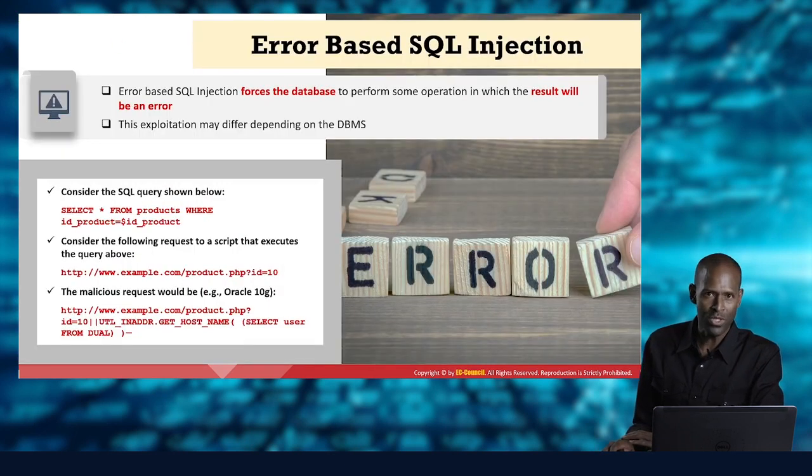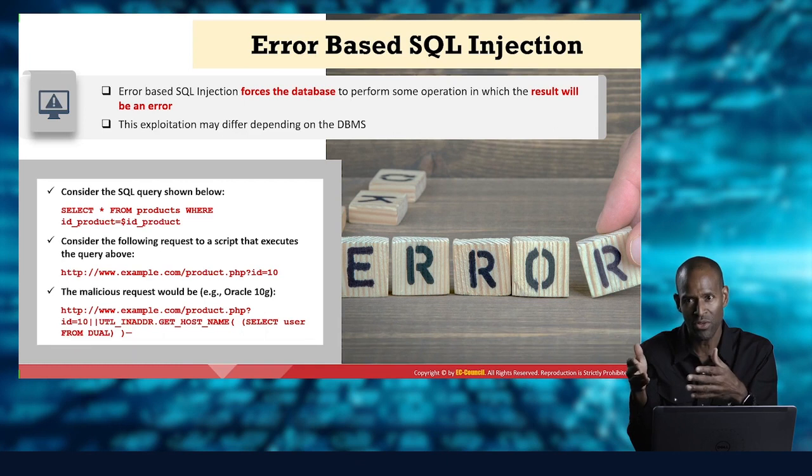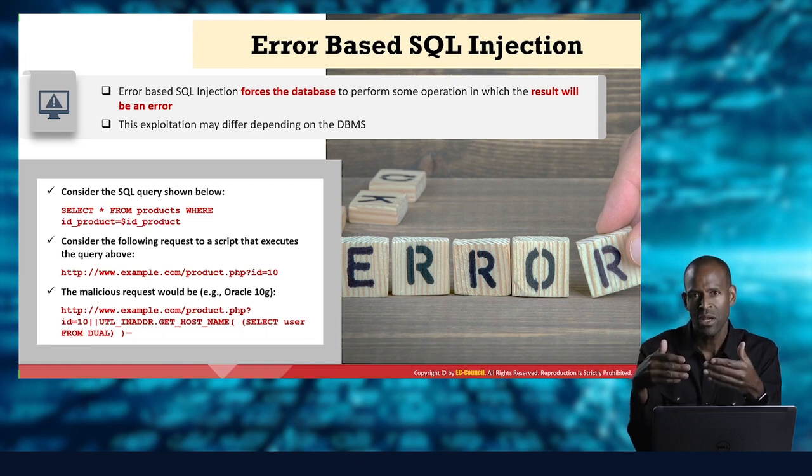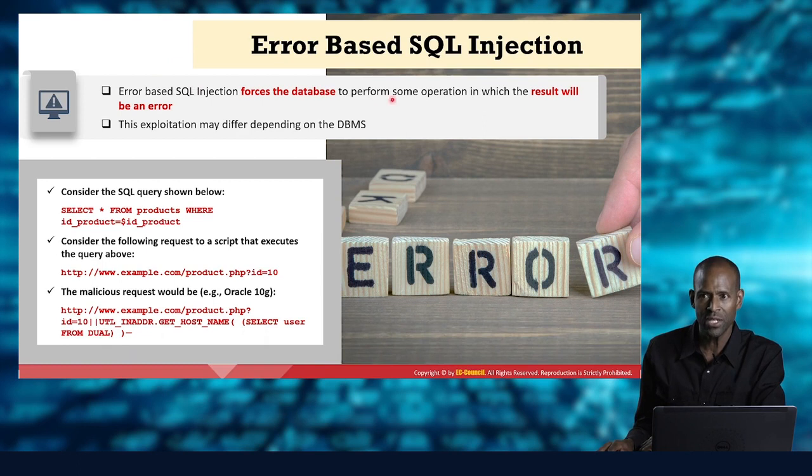One of the most successful and actually difficult in terms of iterations and so on, which is why we have tools to help out, is error-based SQL injection. In this case, what we want to do is force the database to do an operation until it's going to result in an error.